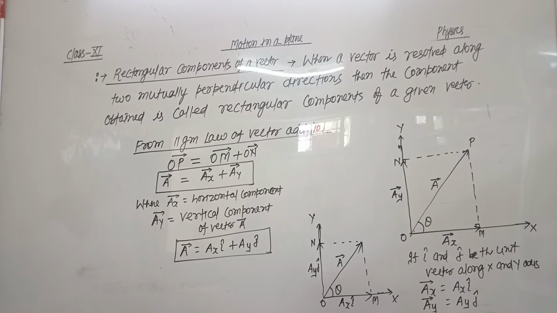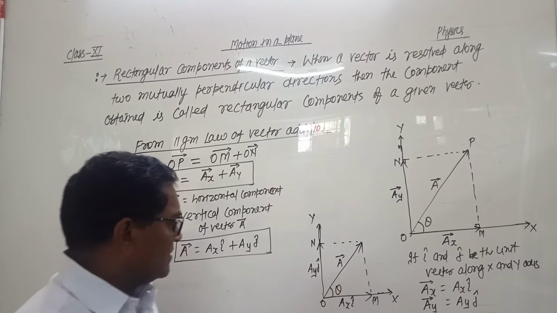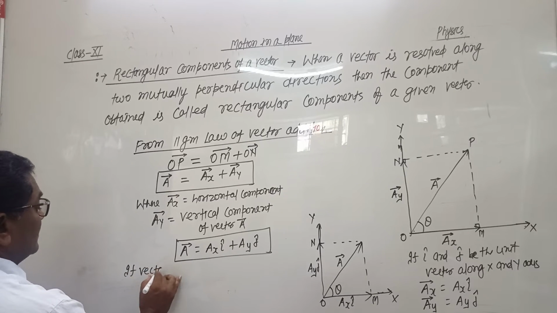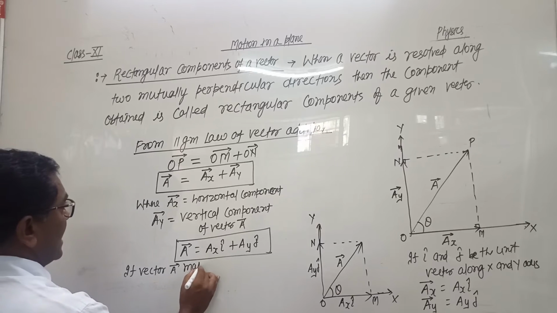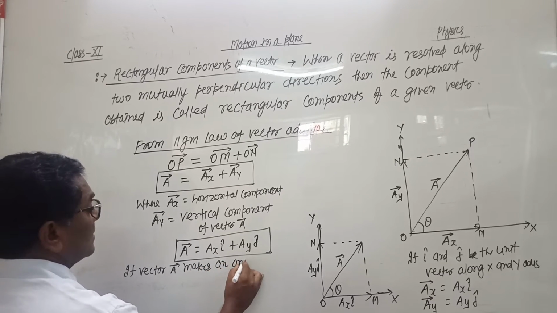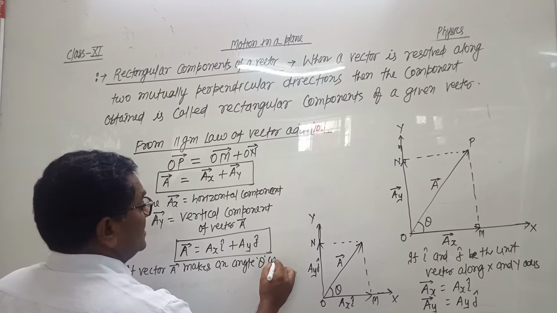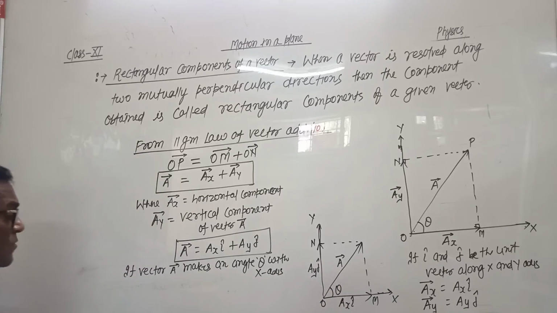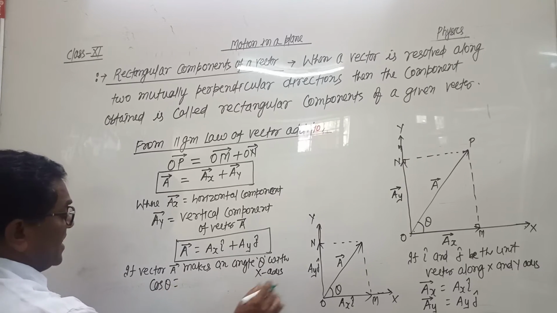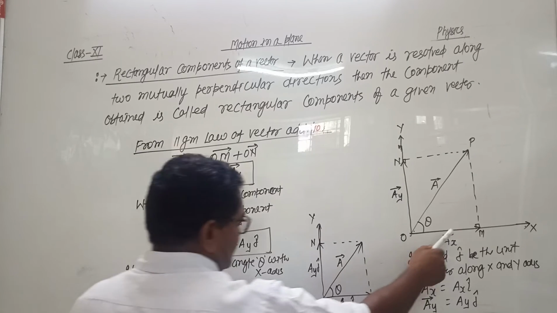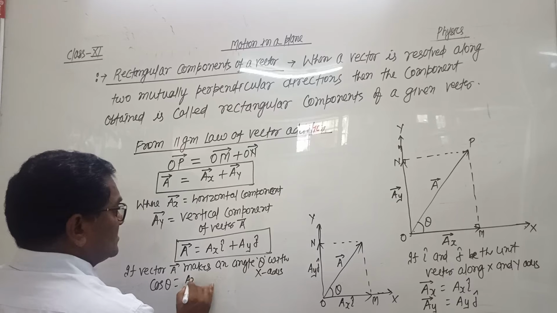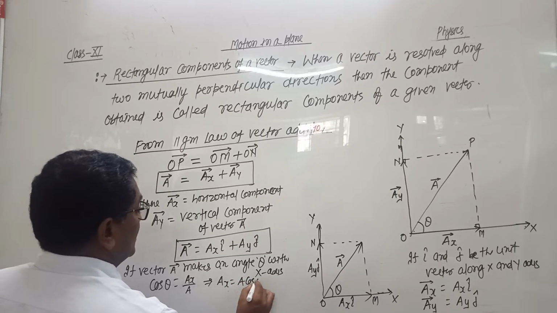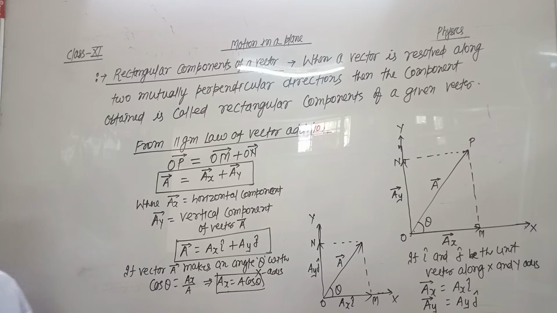If vector A makes an angle theta with the x axis, then from this triangle, cos theta equals base upon hypotenuse, which means AX upon A, so AX equals A cos theta.